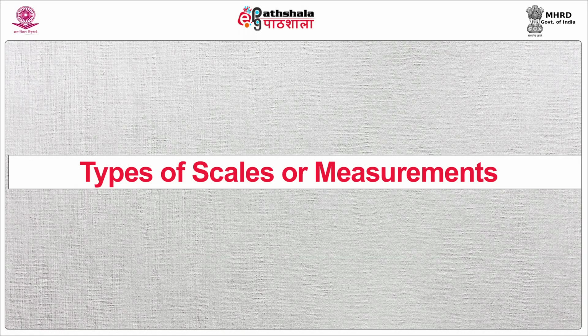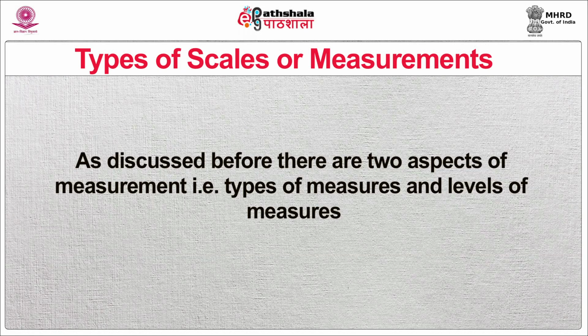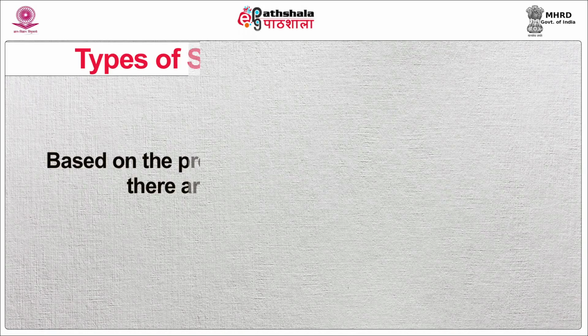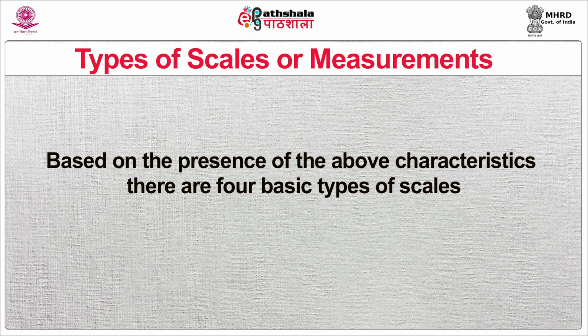Friends, now we take on the types of scales of measurement. As discussed before, there are 2 types of measurement, that is types of measures and levels of measures. The types of measures or scales are determined by the presence of the 4 characteristics discussed in the previous section. Based on the presence of the above characteristics, there are 4 basic types of scales.